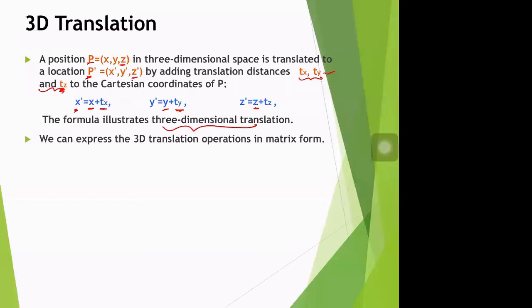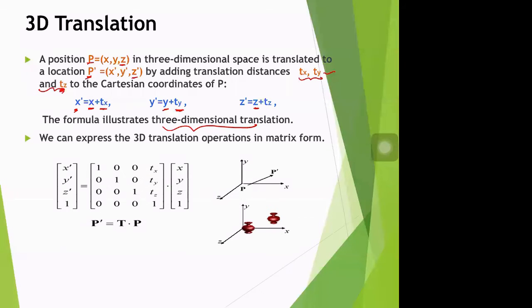How do we express this in matrix form? We express it in this way. We have already done this in the two-dimensional matrix, where we don't have the Z part. Leaving this part aside, that becomes our two-dimensional translation matrix.